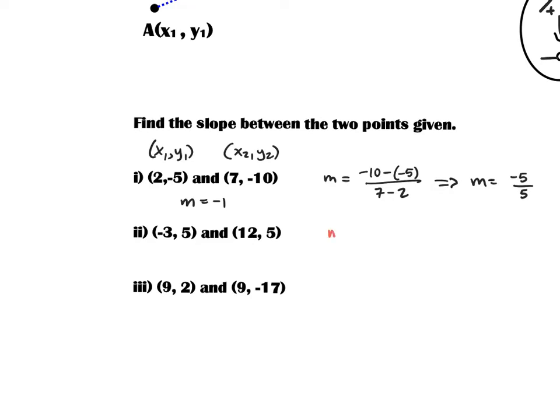Okay, for the second example, we're going to take y2 minus y1, seeing a slope of 0 coming over x2 minus x1. It looks like I will get 0 over 15, which of course we can write as 0.